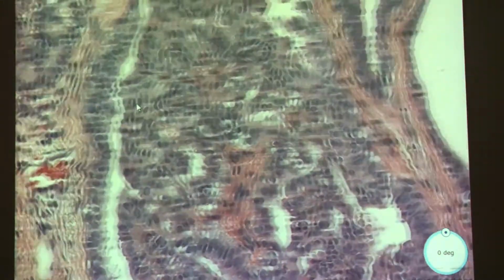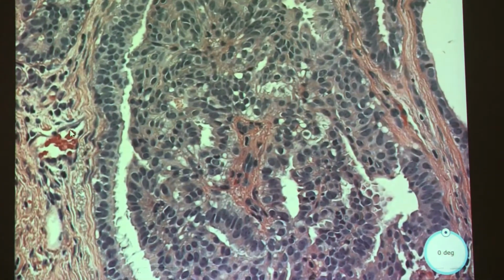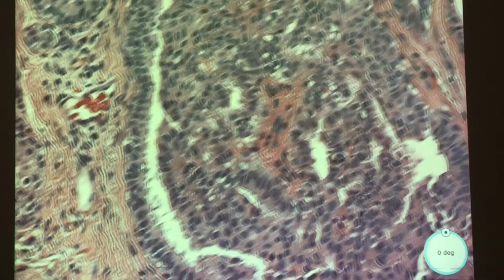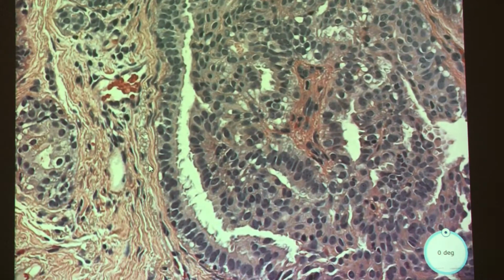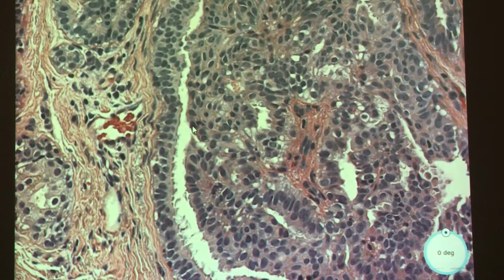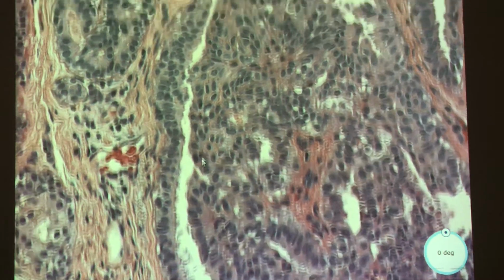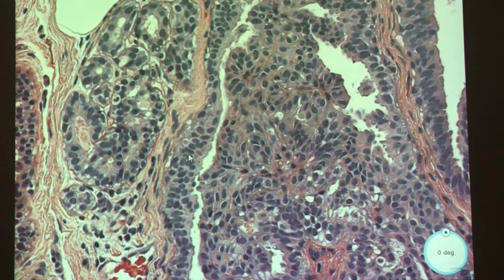So what we noticed, if you remember from last time that we met, those slit-like spaces. When we have slit-like spaces, what do we call those proliferations on the outside? Think about all our epithelial proliferations. So we have the punched out lesions, that's our ADH.